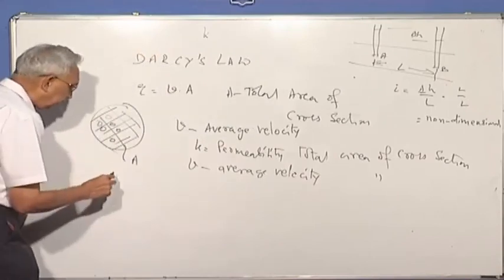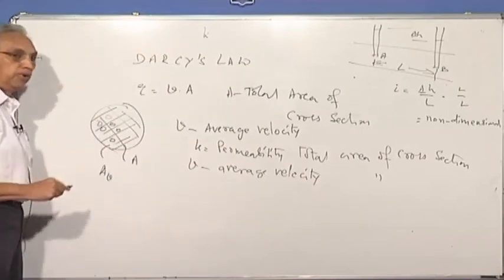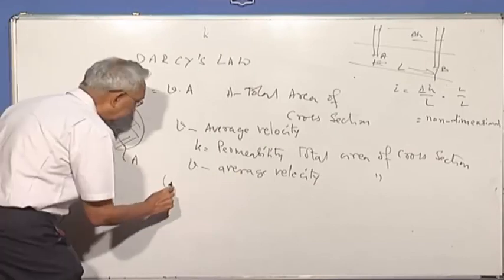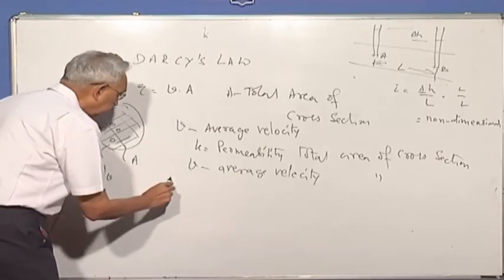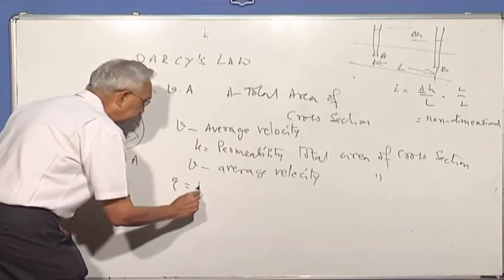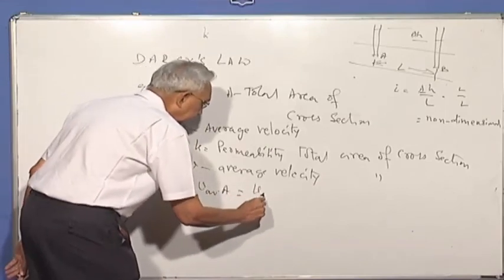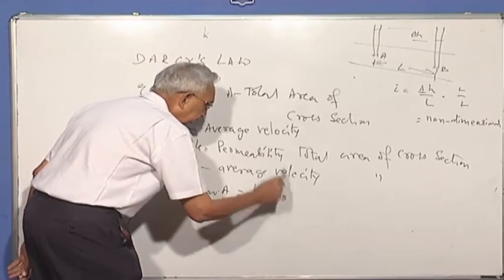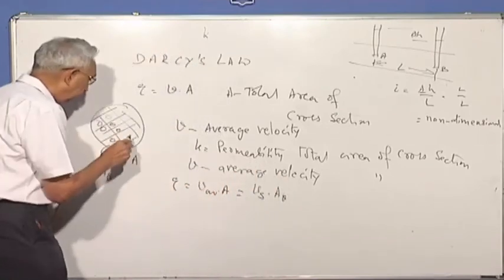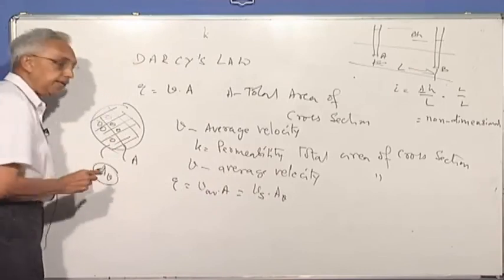But if I want to now divide this into area of voids, and I say this Q, the quantity rate of flow, is V average into A, and I say it is equal to seepage velocity into area of voids alone. I am now looking at only the cross sectional area of the voids.